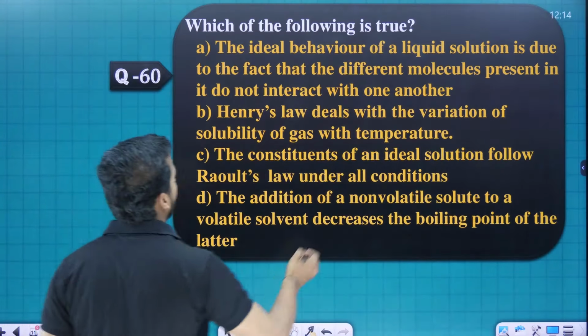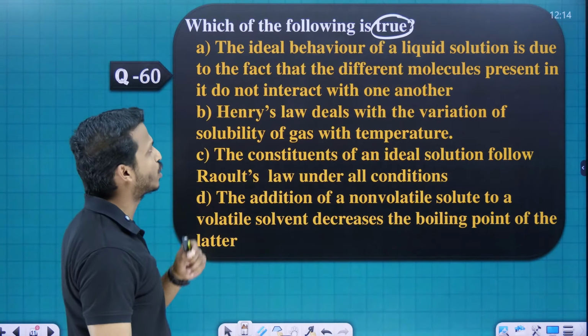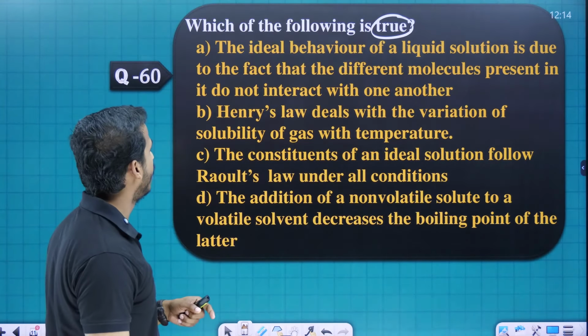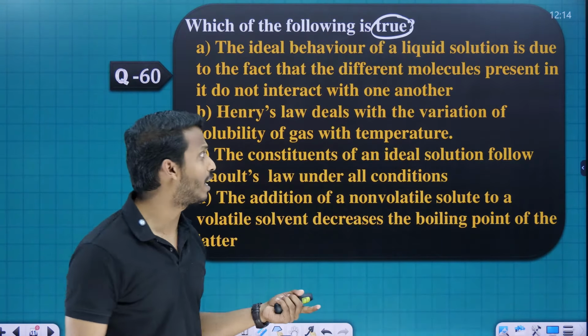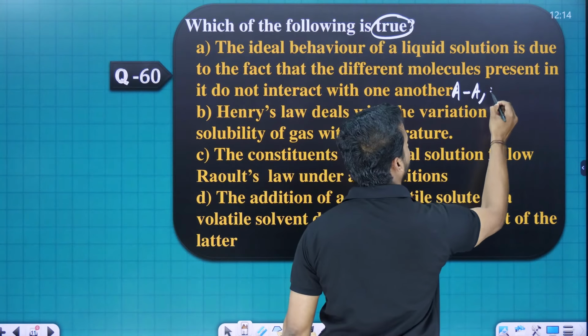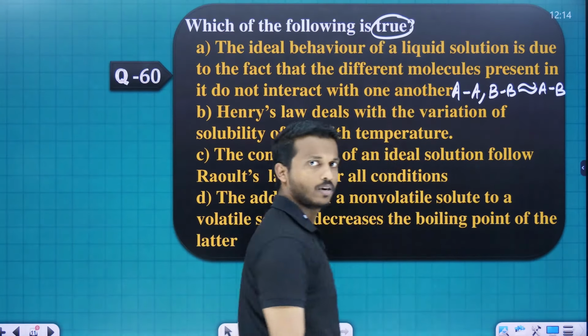Next one, which of the following is true? Ready? The ideal behavior of a liquid solution is due to the fact that different molecules present in it do not interact with one another. No, there is interaction, right? In an ideal solution, what we studied, AA and BB interactions are equal to AB interaction, right?